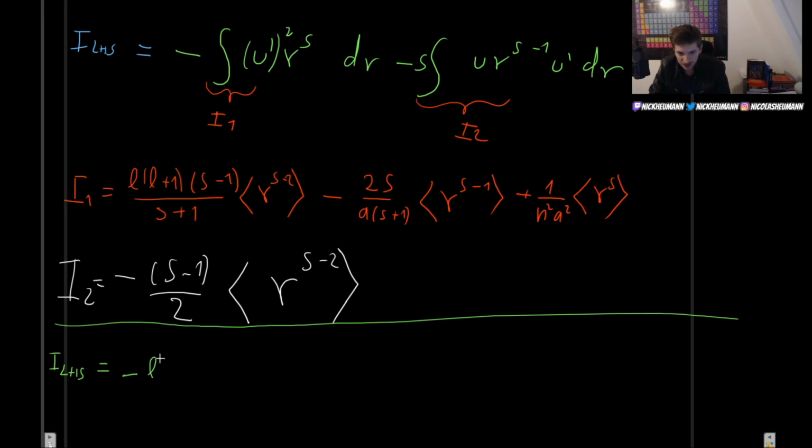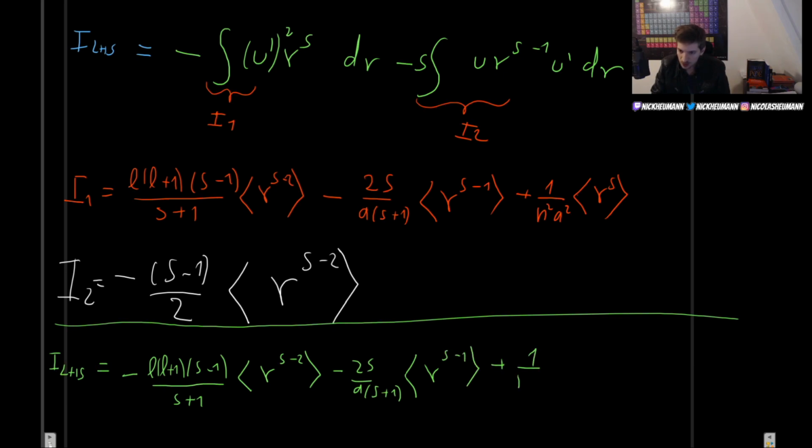So it's going to be minus L plus 1, S minus 1, S plus 1, expectation value R to the S minus 2, minus 2S over A, S plus 1, expectation value of R to the S minus 1, plus 1 over N squared A squared, R to the S.